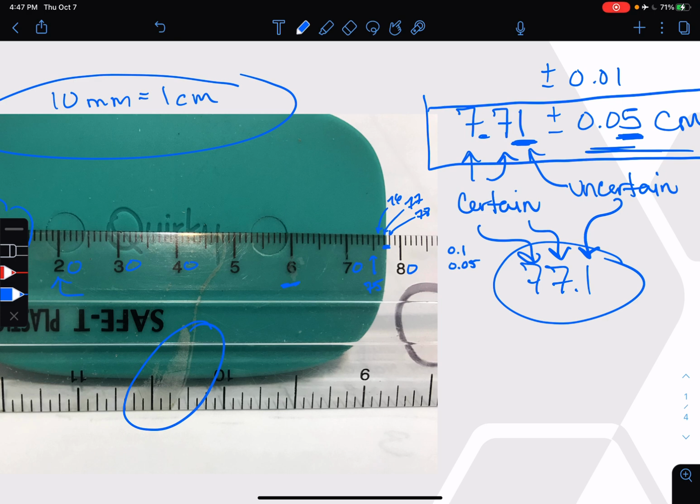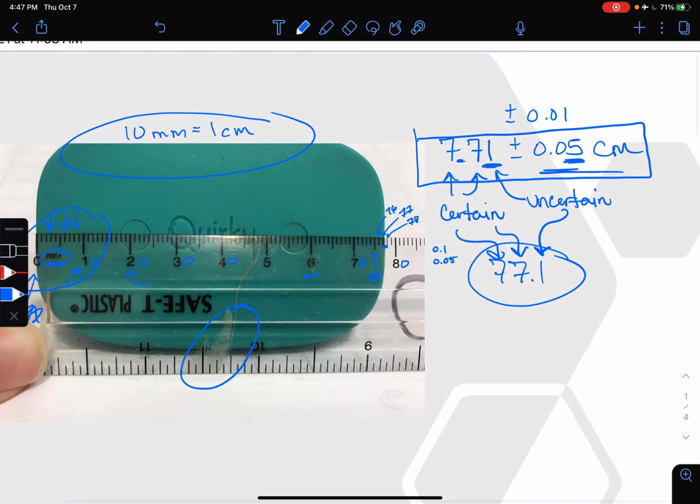Okay. So when we go to talk about uncertainty for the millimeters, what we learned in the centimeters section is that we're going to do plus or minus 0 point, and we're going to go to the same column that we went to with our measurement, and this is the tenths column. So with millimeters, we would end the level of uncertainty in the tenths column. Now, again, looking at that space between 77 and 78, it's really, really small.